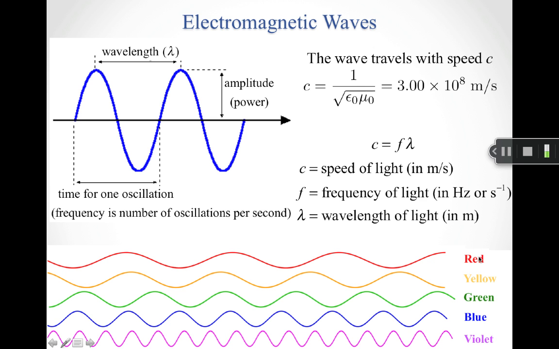And so what we can do is we can talk about light. And we know that light comes in different colors. And so if the speed of light is the same for all of them, and it is, then increasing the frequency means that you decrease the wavelength. So notice as we look at these pictures, red clearly has the longest wavelength. Well, the longest wavelength means that value is larger.